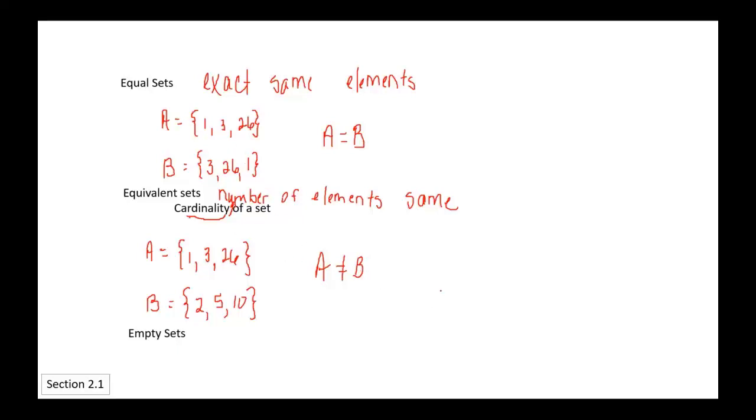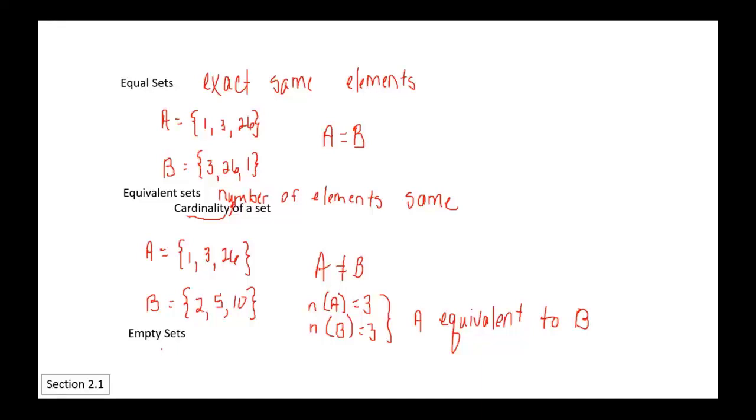However, the cardinality is the same. We indicate that as the number of A is 3, meaning how many elements are in there, and the number of B is 3. So we would say that A is equivalent to B, B is equivalent to A, but they're not the same.